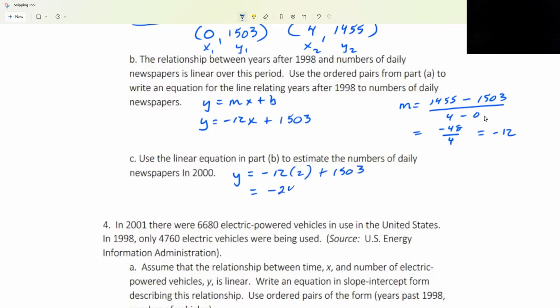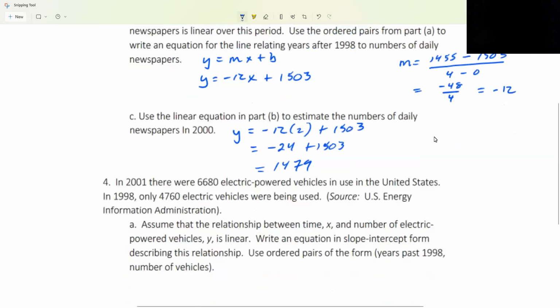So it's going to give you negative 24 plus 1503. 1503 minus 24, what is that going to be? 1479. So in 2000, there were 1,479 daily newspapers.